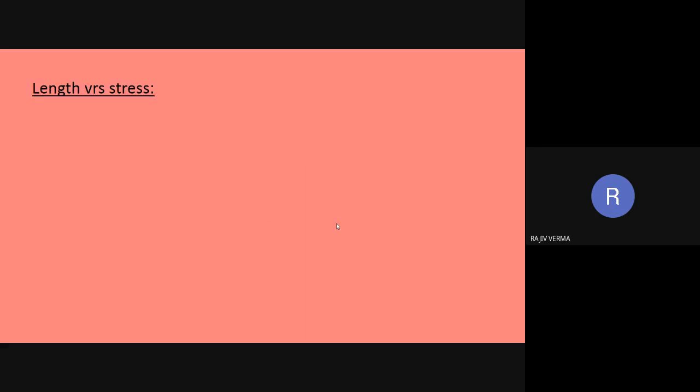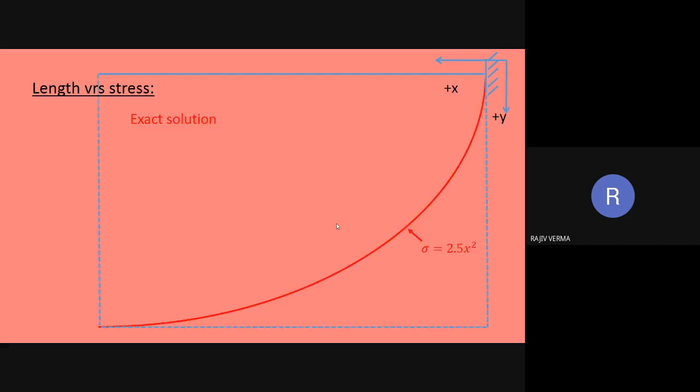Now in the next slide, we are going to plot the variations of stresses with respect to the length. So we have the bar, we have a coordinate system, and then we have the exact solution.